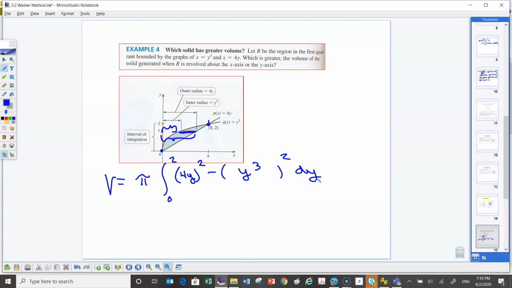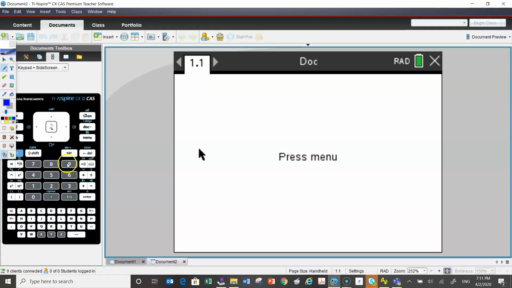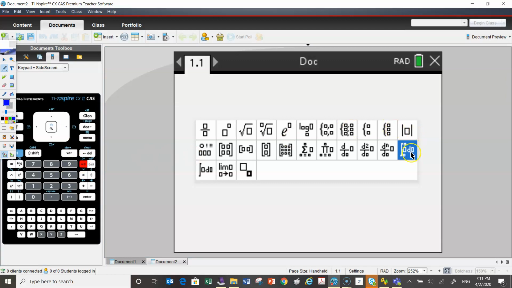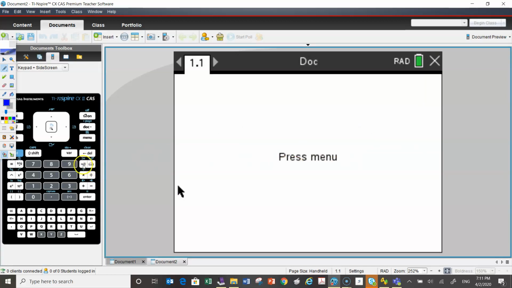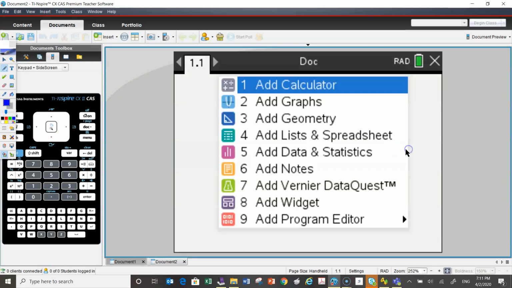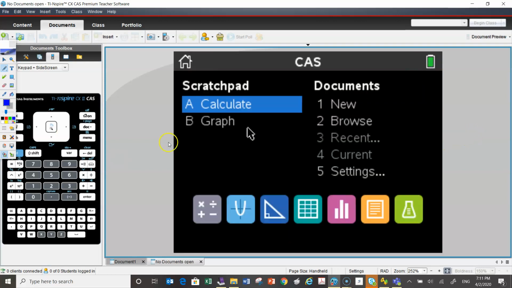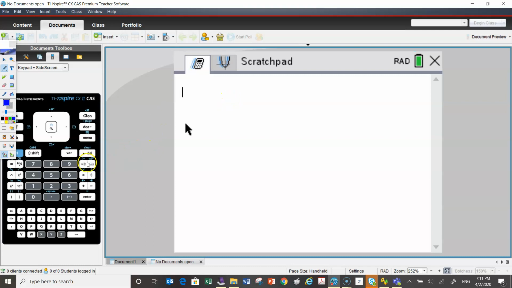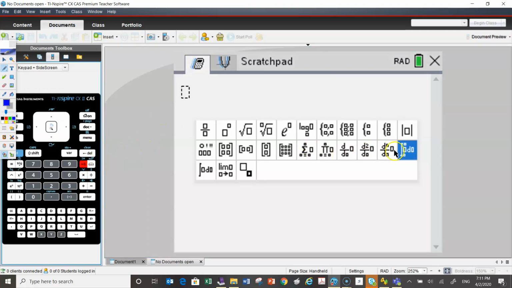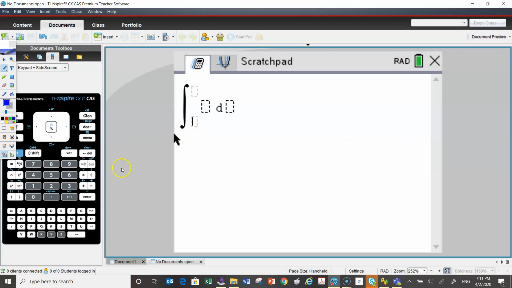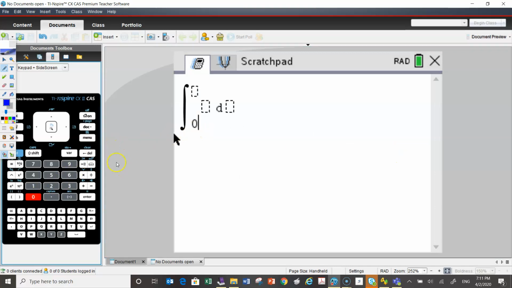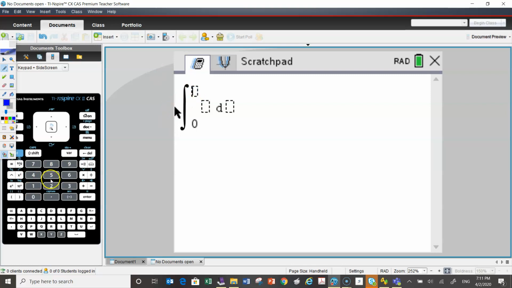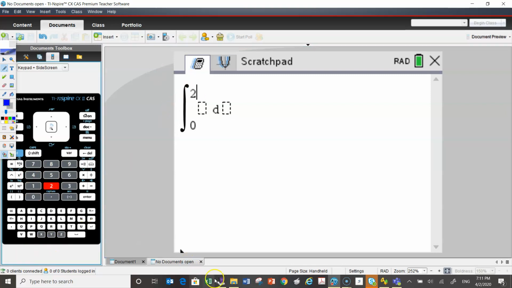Now, if I integrate this, I can use my calculator. So it's the integral from 0 all the way to 2. Let's take a look here again.